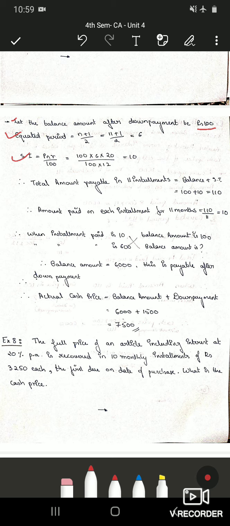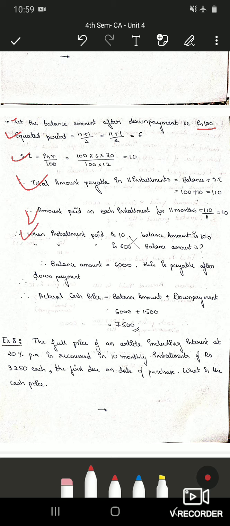So we have assumed the principal to be the balance amount. Again here we will calculate interest on the balance amount. So you will get simple interest as 10 rupees. So the total amount payable in 11 installments is the balance amount plus the simple interest, so it is 110 rupees, and the amount paid on each installment for 11 months will be 110 divided by 11, so it is 10 rupees.